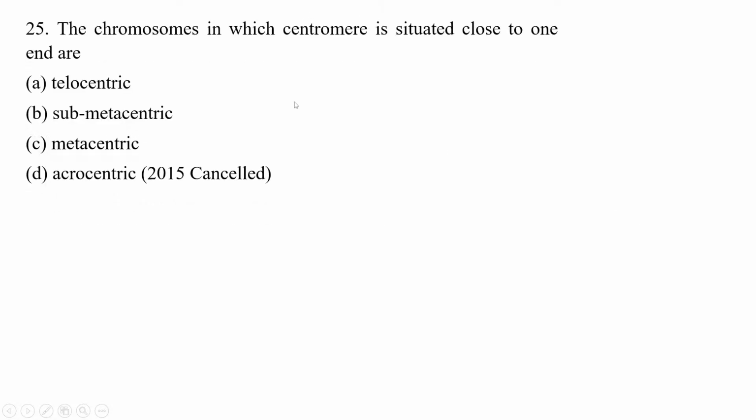Let's move to the next question. The chromosomes in which the centromere is situated close to one end are: telocentric, submetacentric, metacentric, or acrocentric.